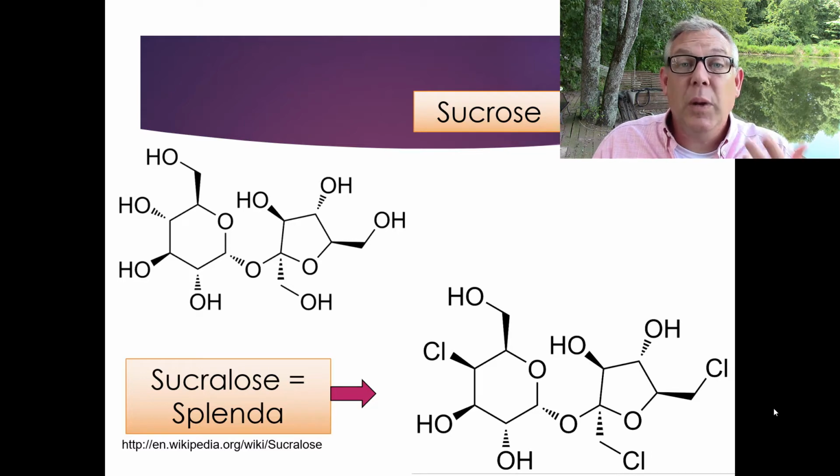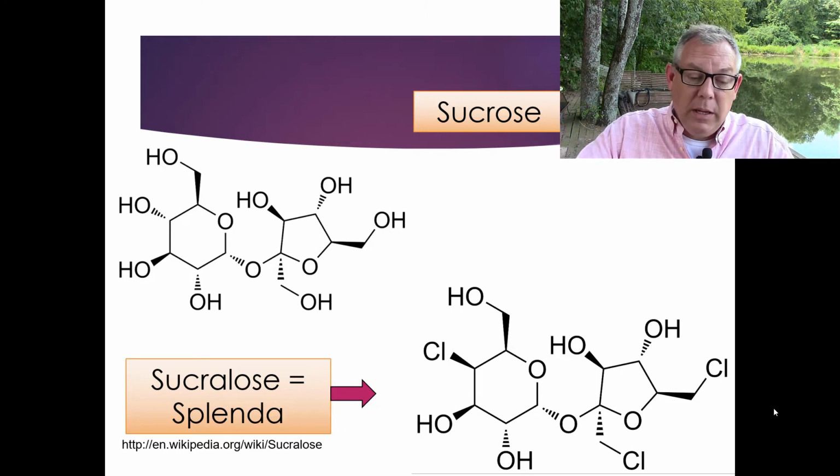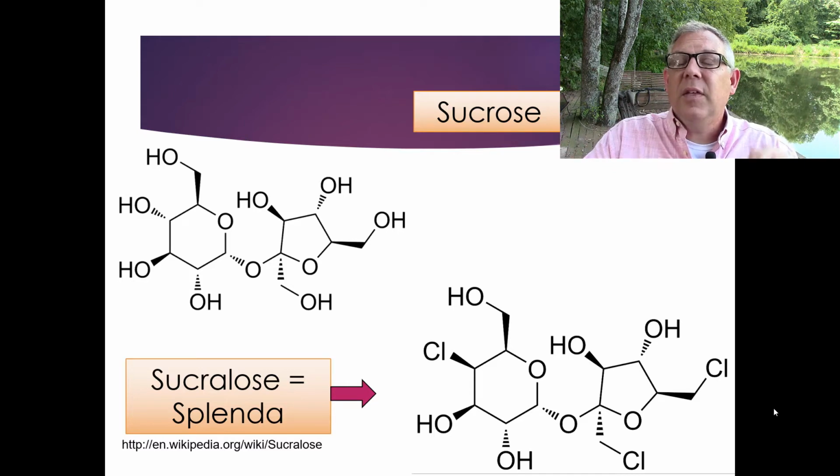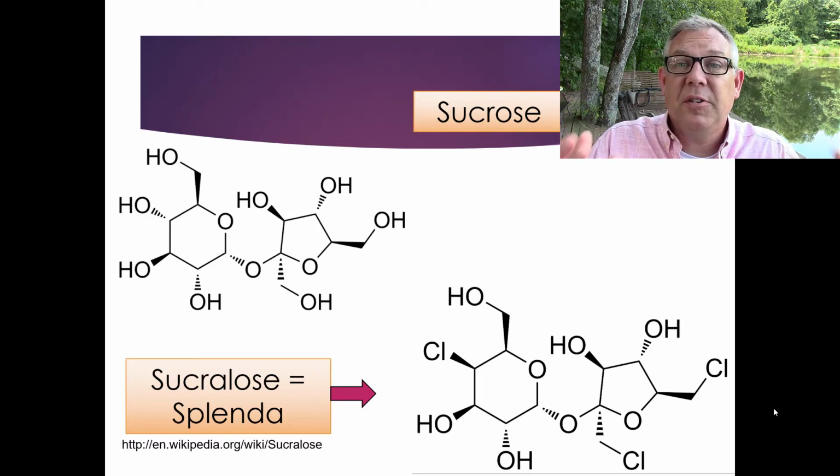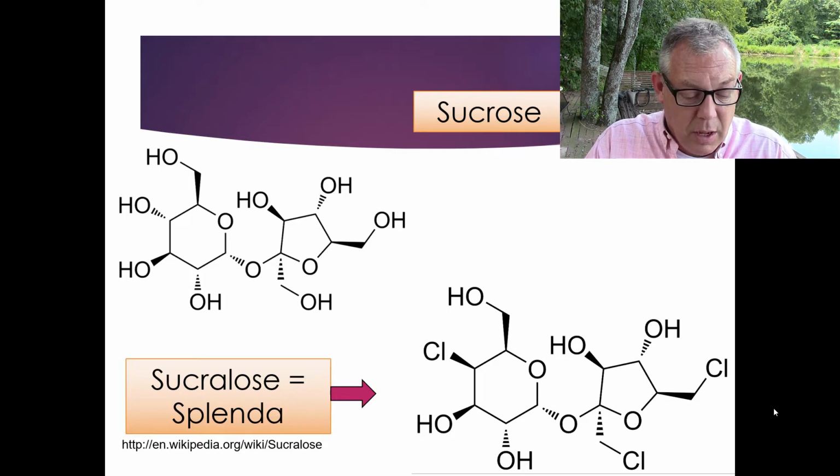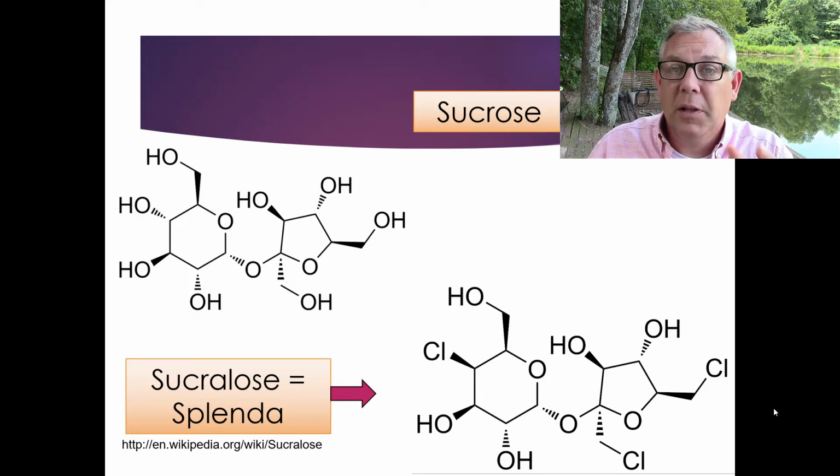So you get the sweetness, but you don't get the energy, you don't get the calories. That's what artificial sweeteners do. But the point here is by studying things at the molecular level, you start to understand why they do what they do. And sucralose has a very similar molecular structure to sucrose, but it's also a little bit different. So, hey, there you go.